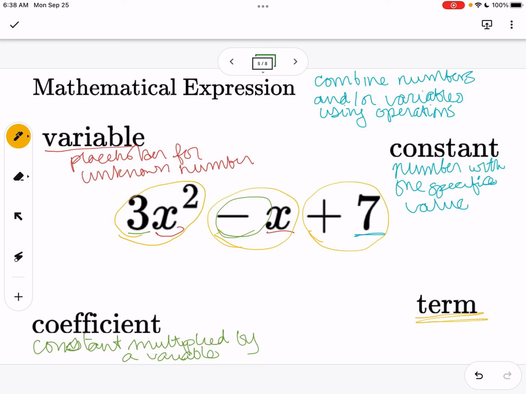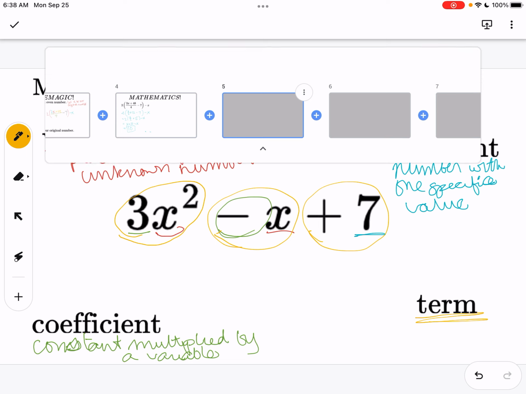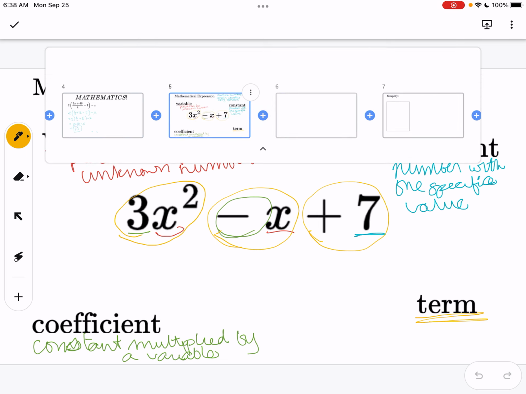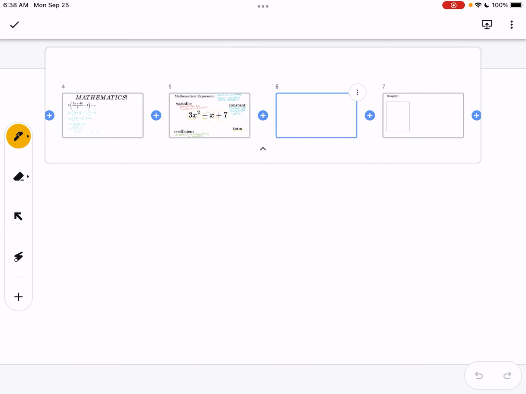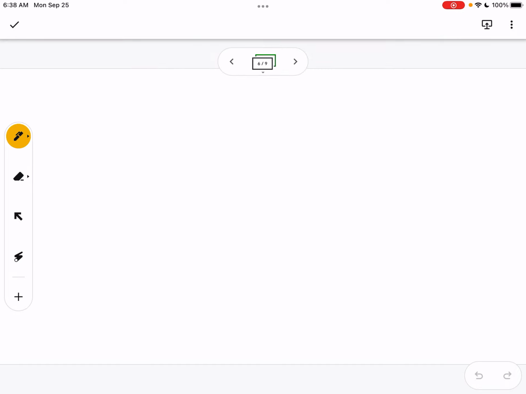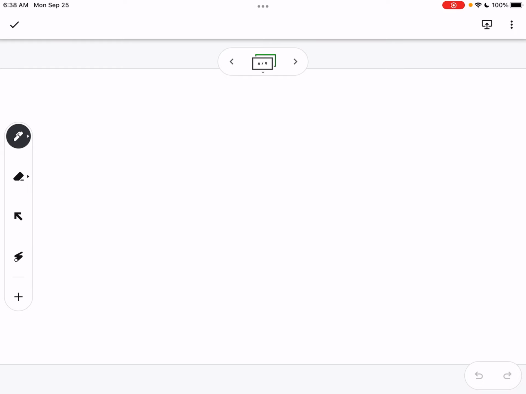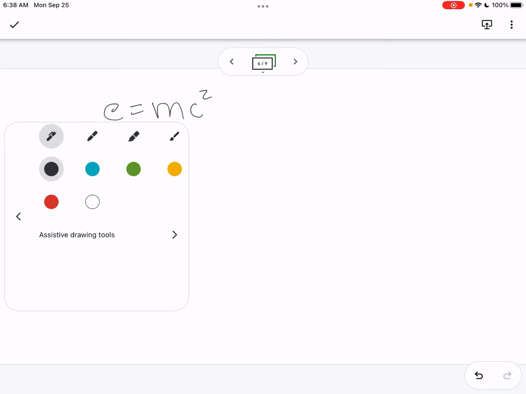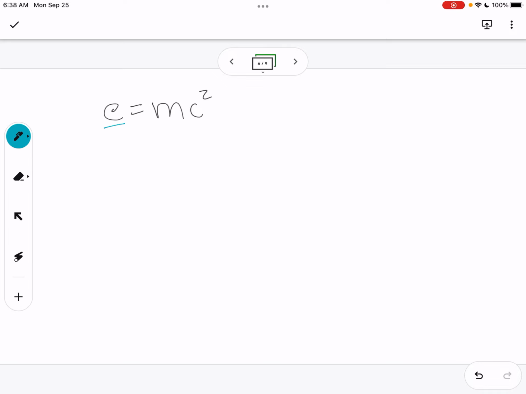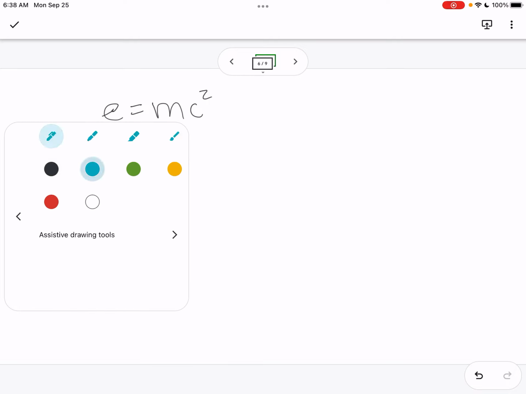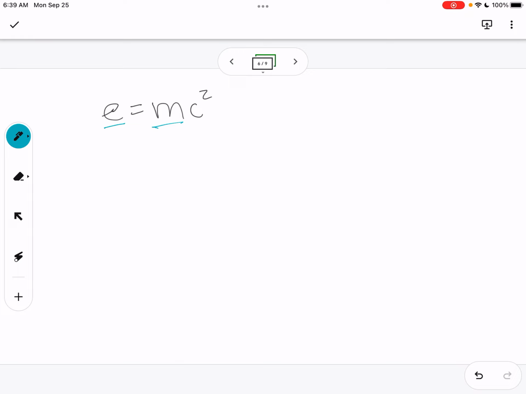Now, something else to note is that just because we have a letter does not necessarily mean that we have a variable. We're not going to go into how to use this, but the equation E equals mc squared: E stands for energy, M stands for mass, and both of those can change.